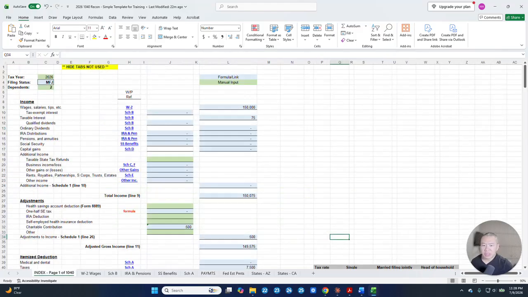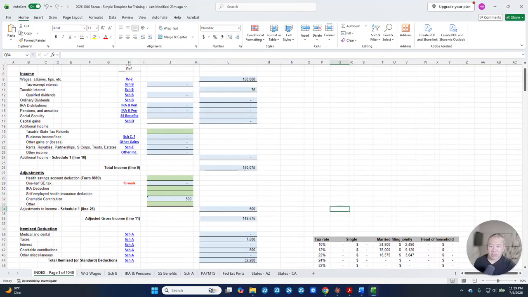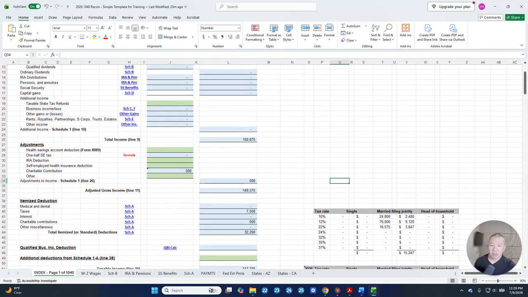One thing that is going to be different is that in 2026, charitable contributions, even if you don't itemize... normally you have to itemize your taxes in order to take your charitable contribution. But for 2026, if you're single, you can take up to $1,000 of charitable contribution. If you're married, you can take up to $2,000 of charitable contributions without having to itemize. So that's why you see this $500 here.